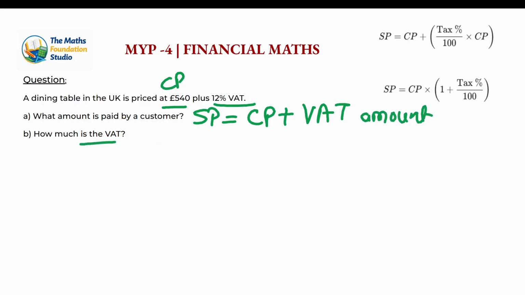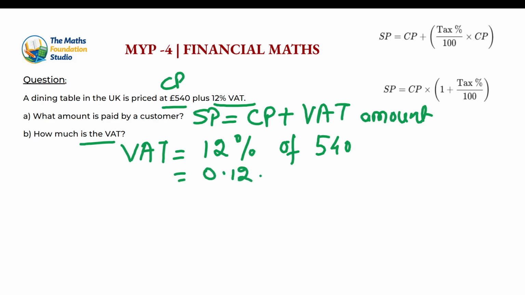Let's first try to find what is the VAT here. So VAT would be 12% of 540, which comes out to be 0.12 multiplied by 540, that is 64.8 pounds.